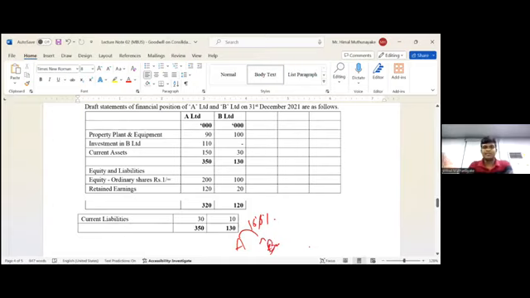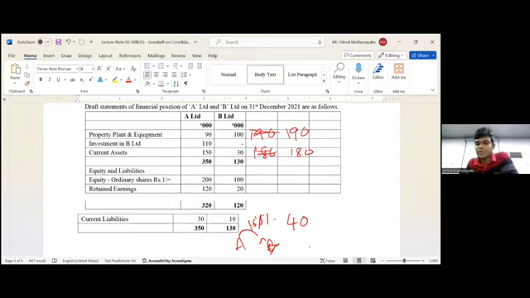Property, plant and equipment is very easy, 190. Investment in B Limited, I will come back to it. 180 is the value of this, and the current liability is 40. So I will take these here: 190, 180, and 40.